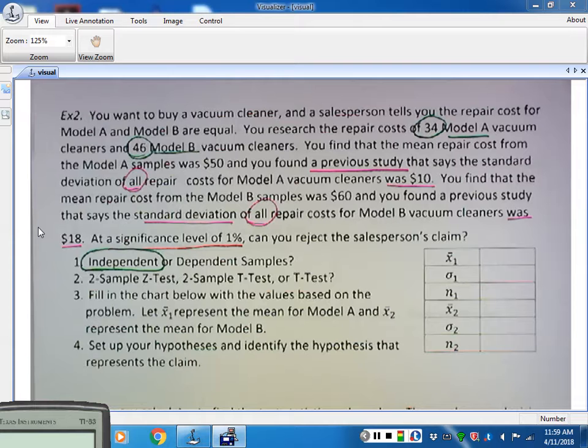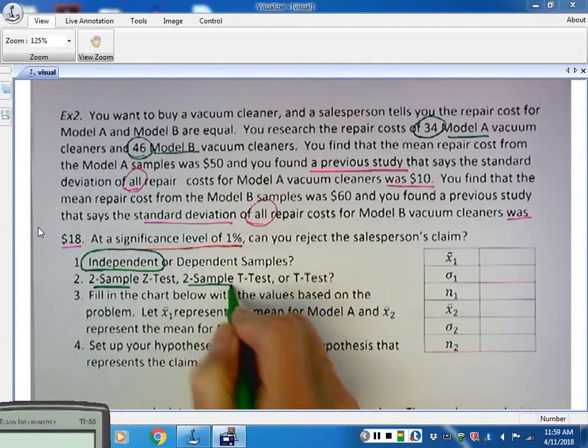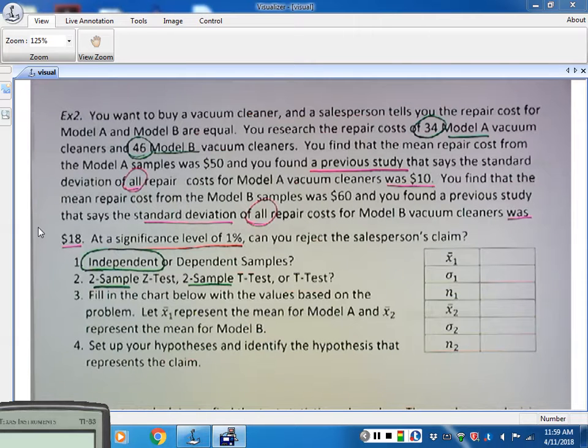And because they're independent samples, we are going to do a 2-sample test. Question is, which 2-sample test will we do? Z or T? How do you always decide between Z and T? If you have the standard deviation of the population. Do we have the standard deviation of the population? Yes.